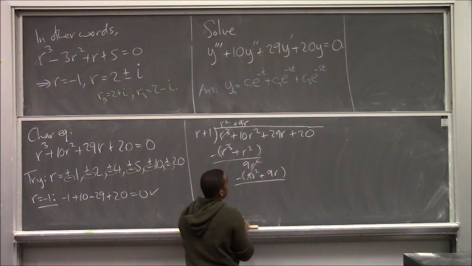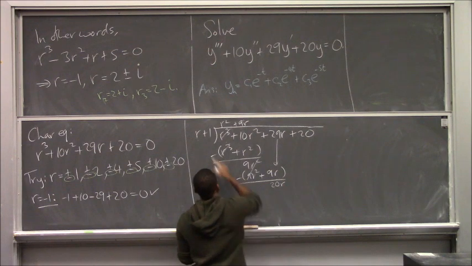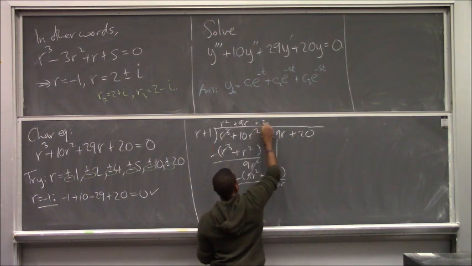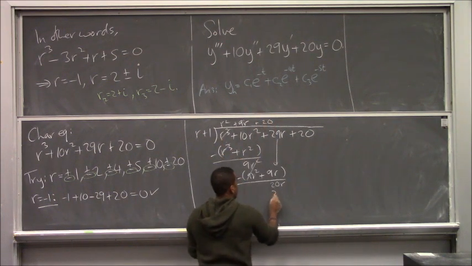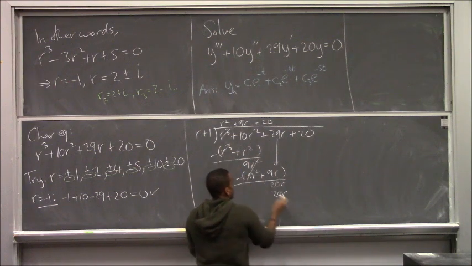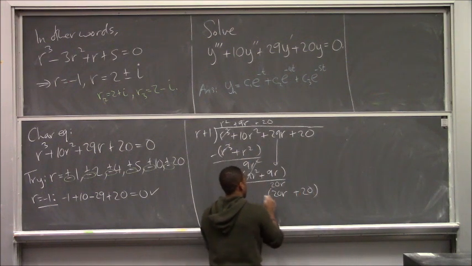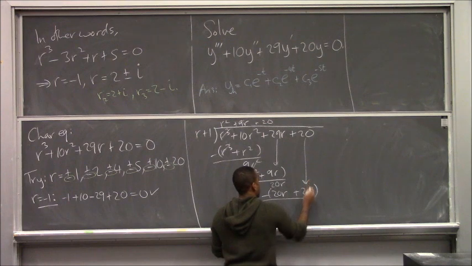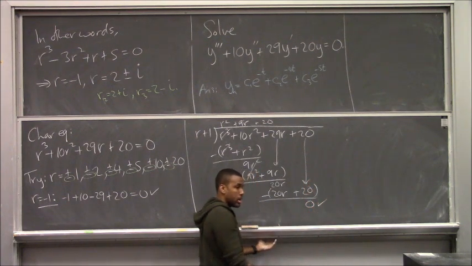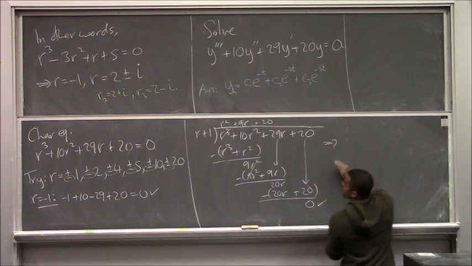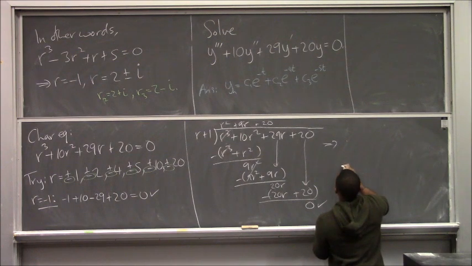Subtract, the r squares die. 29 comes down, subtract 9, I get 20r. R into this goes plus 20. 20 times that, 20r. 20 times the 1, plus 20. Subtract this, 20 comes down, 0. That's supposed to happen.